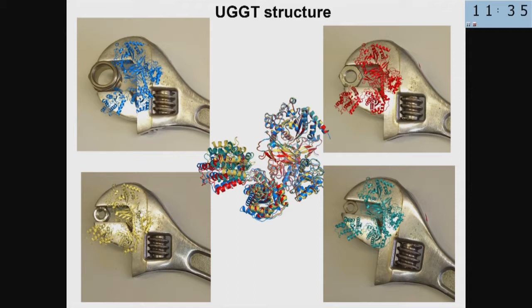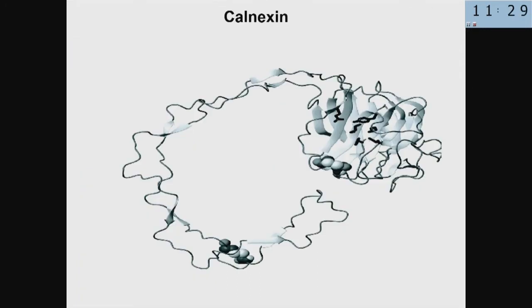So the ER has 2 lectins, ER resident proteins that are lectins. One is called calnexin and the other is calreticulin. Both are lectins that specifically recognize the glucose 1-mannose 9 epitope created by this glucosyl transferase.